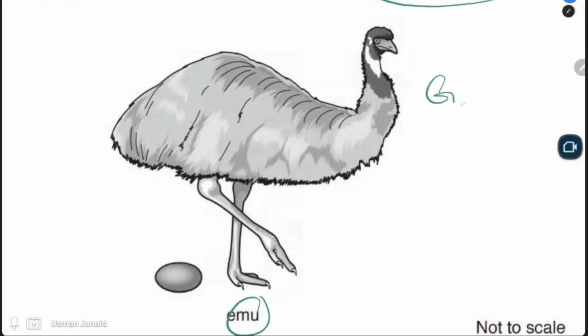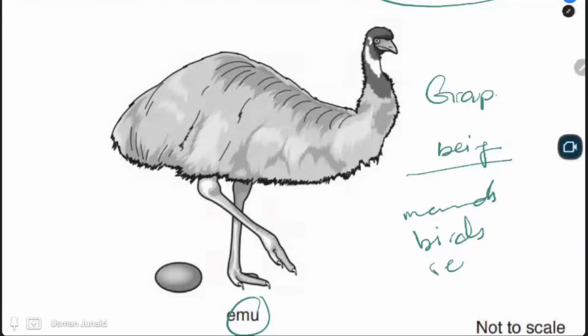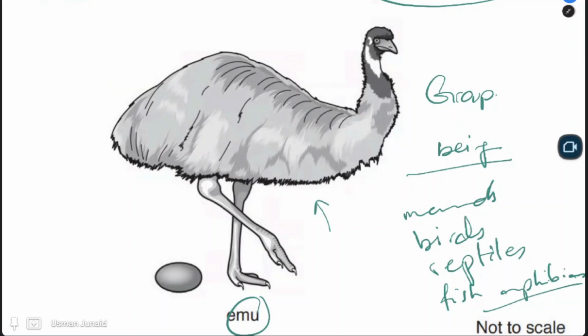Whether it is mammals, birds, reptiles, fish, or amphibians. Which one is this emu? Amphibians, reptiles, sorry. Reptiles, how is it a reptile?